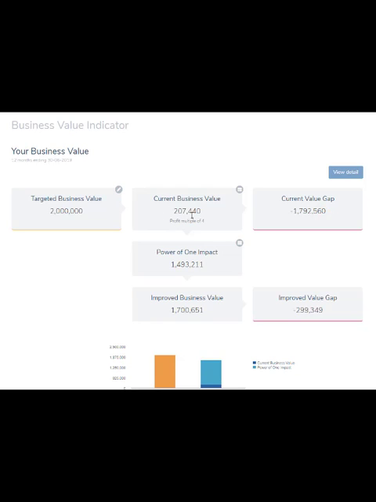The current business value before we made our changes was $207,000. So there was a gap, $1,792,000. Those few small changes we made actually increased the value by $1,493,000 to $1.7 million. As you can see, our gap closed significantly back to $299,000.